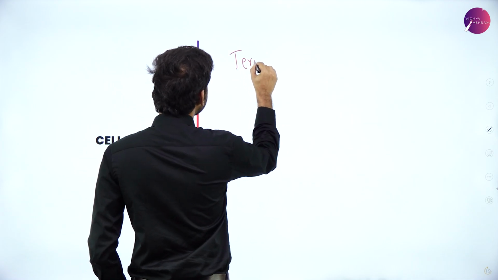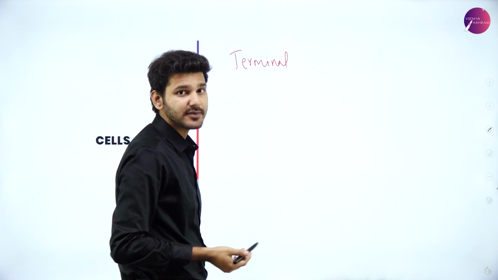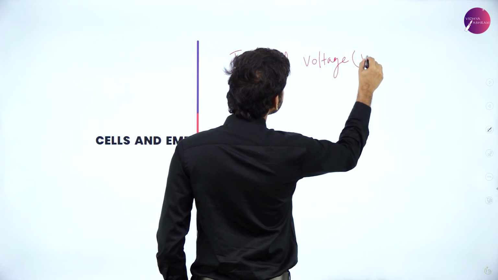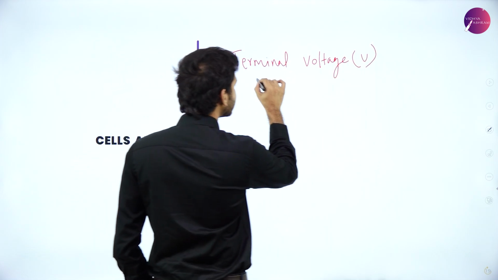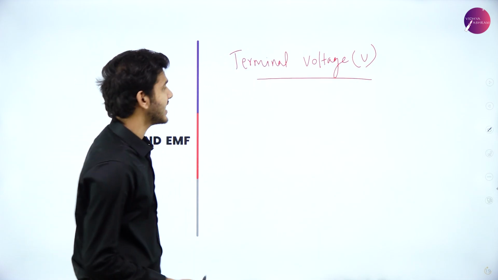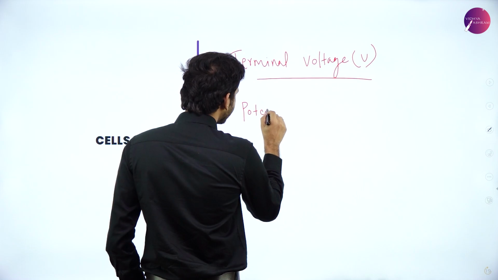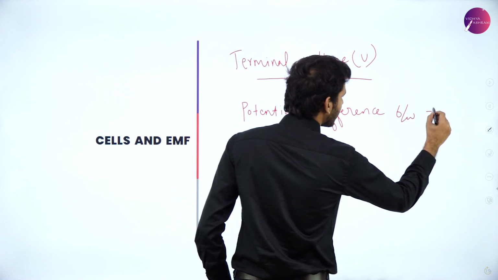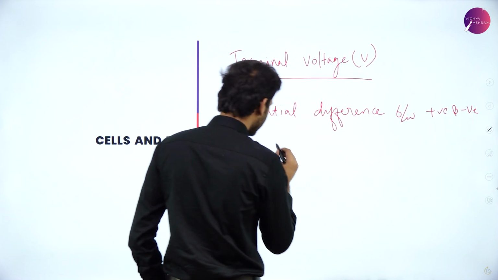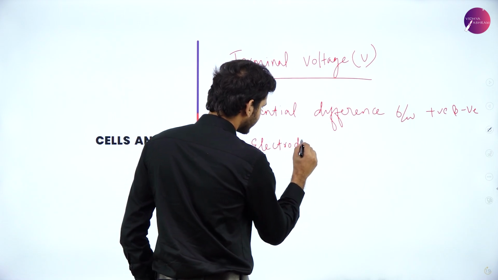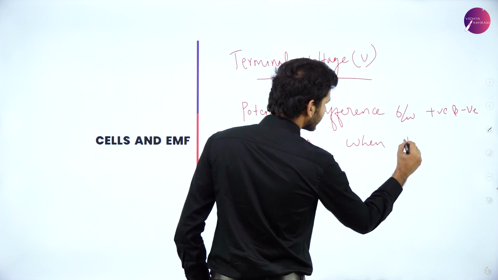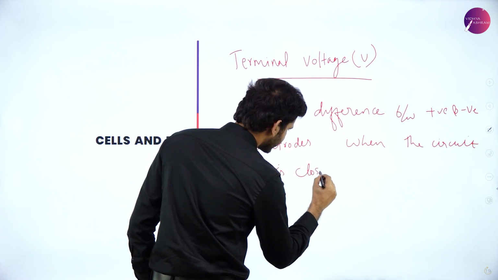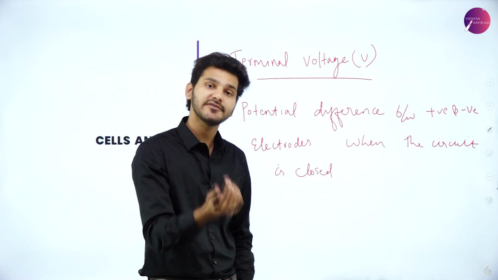So the normal voltage which we discuss in our physics labs and physics textbooks is known as terminal voltage, and that is the one indicated by the letter V. That particular voltage is defined as the potential difference between positive and negative electrodes when the circuit is closed, or when there is current flow within the circuit.